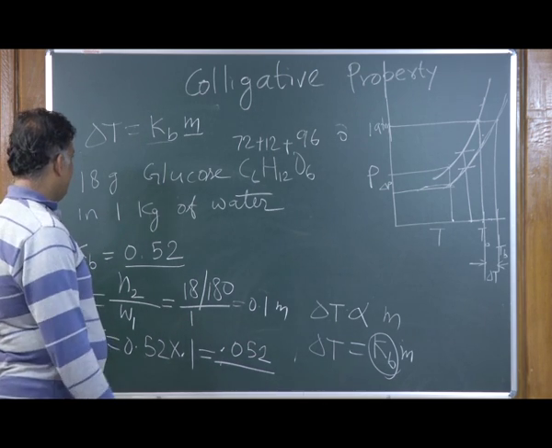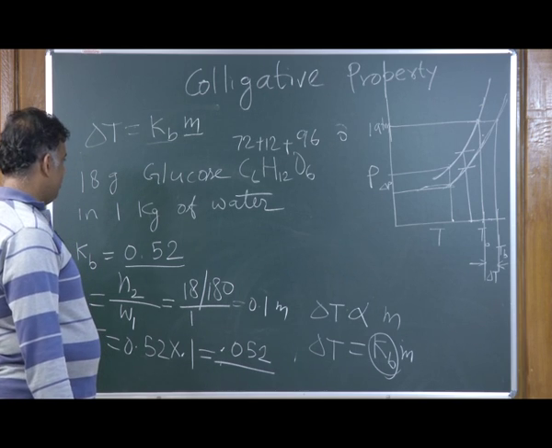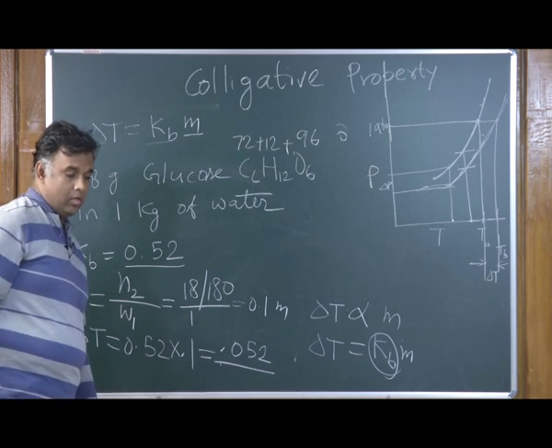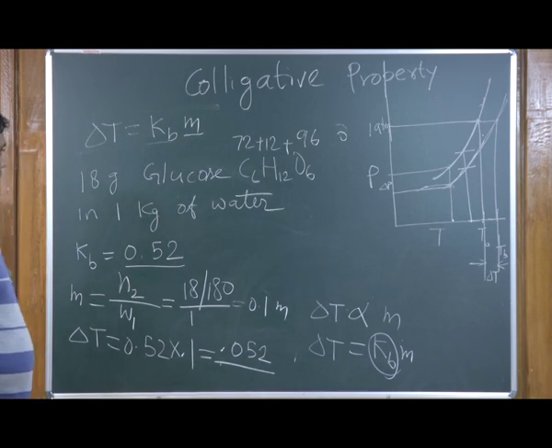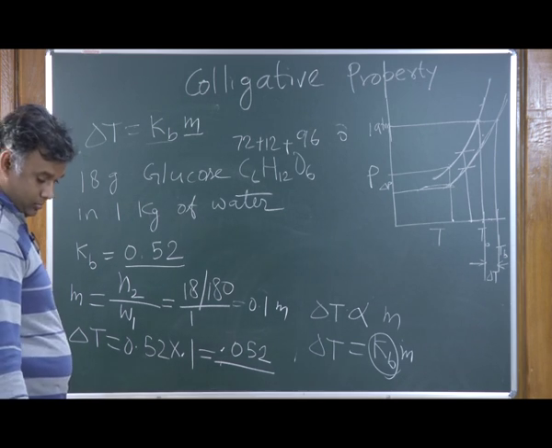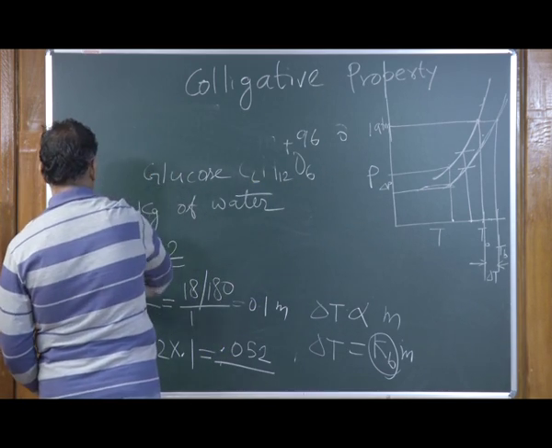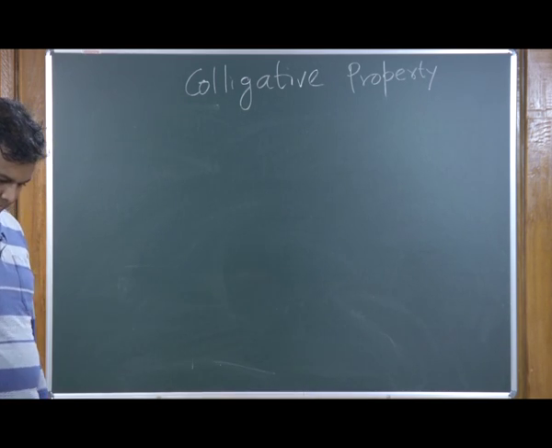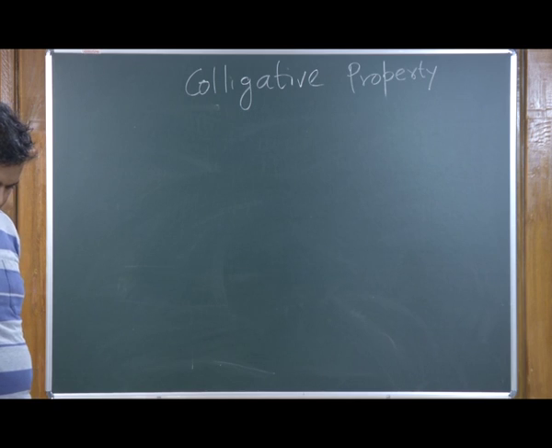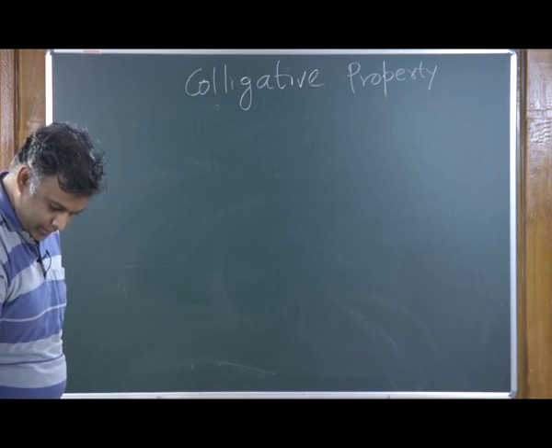If we do not know about the solute, let us say we are dissolving some unknown solute, then we can use the same information to calculate the molecular weight of solute. Okay, let us do one exercise. Okay. The boiling point of benzene is 353.23 Kelvin.